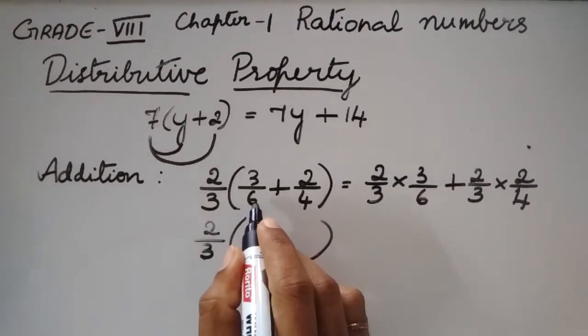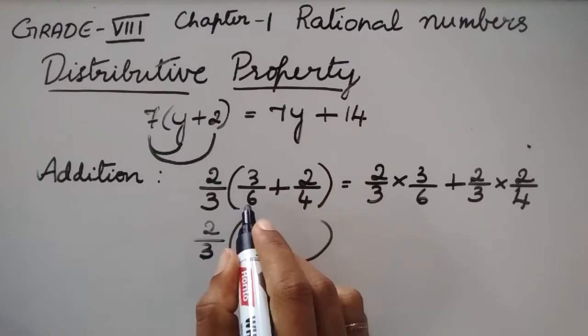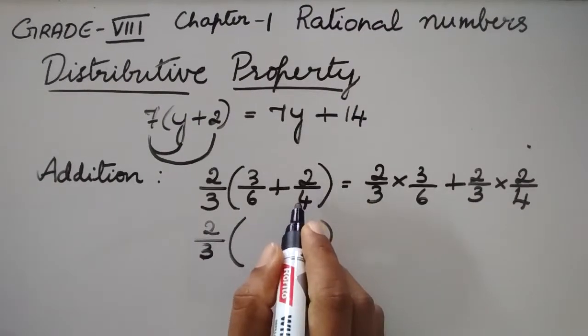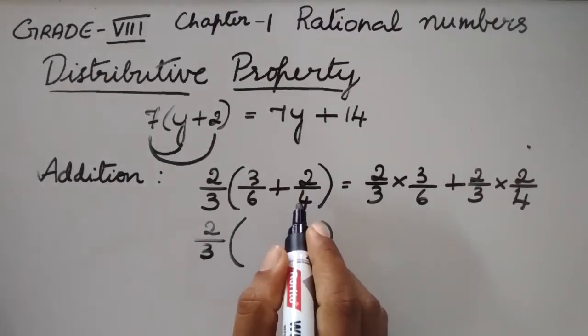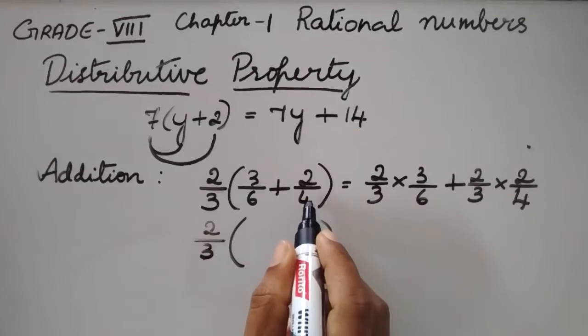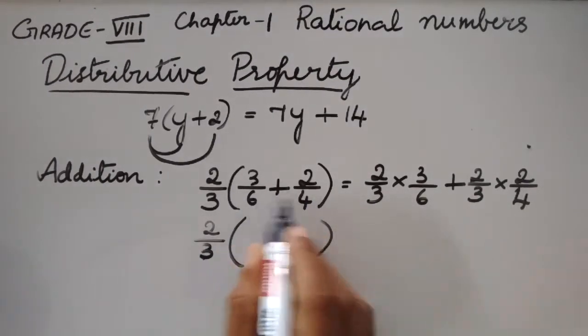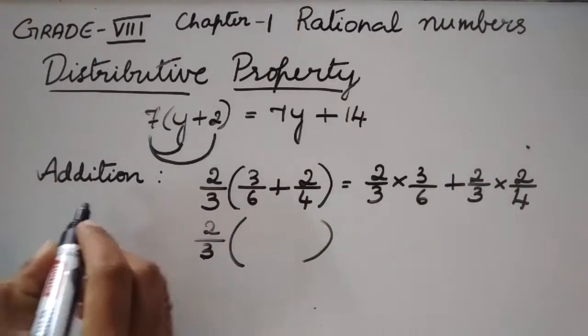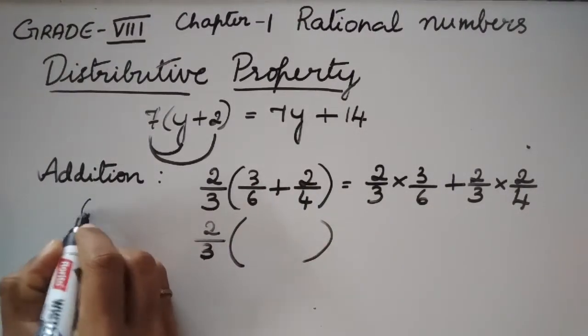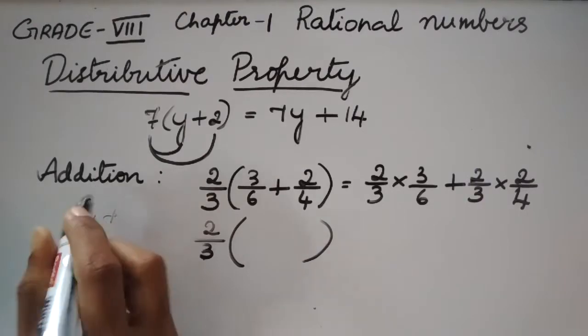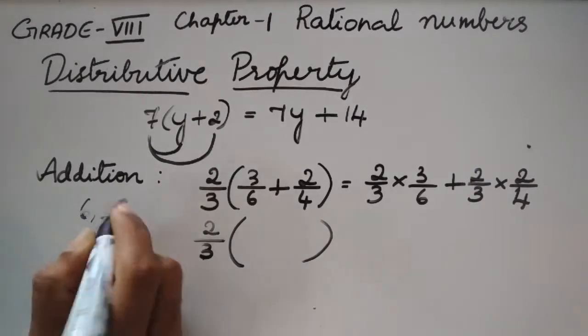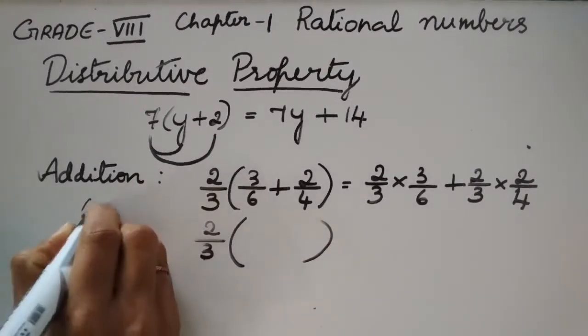Here two rational numbers with different denominators are first added by taking the LCM of these two denominators. So let us take the LCM of these two denominators. We have studied the LCM method in class 7.